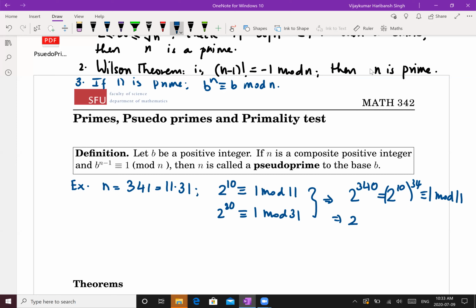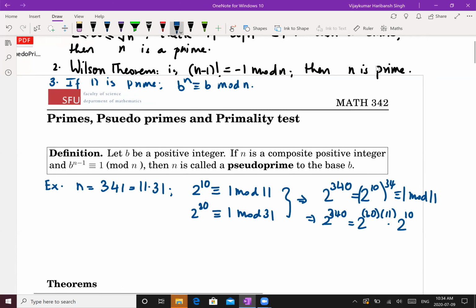And we get 2 to the power 30. So when you divide 340 by 30, the remainder is 10, so 2 to the power 340 is 2 to the power 30 times 11 times 2 to the power 10, and that can be seen to be congruent to 1 mod 11 as well.